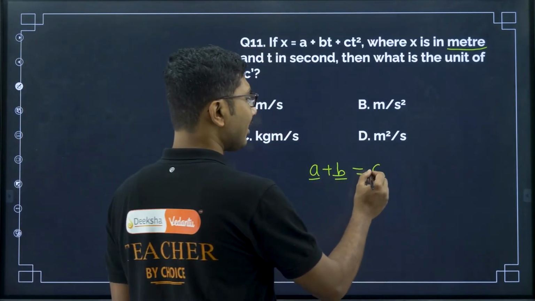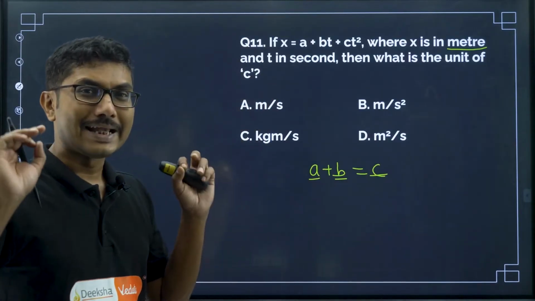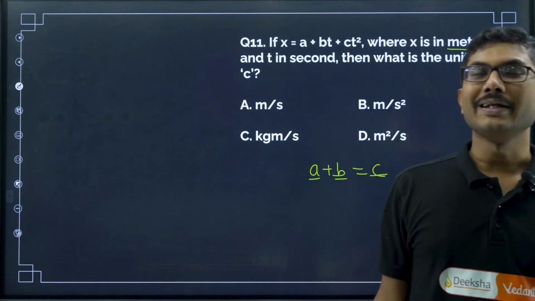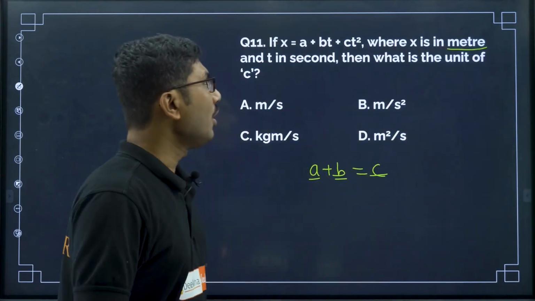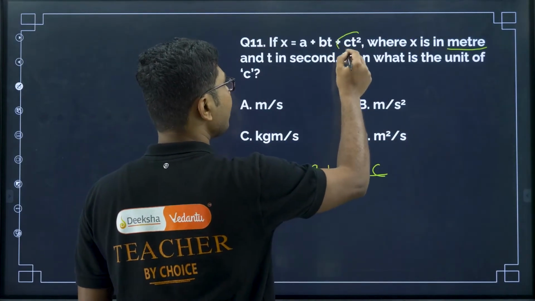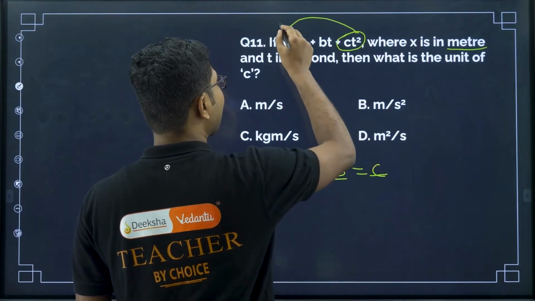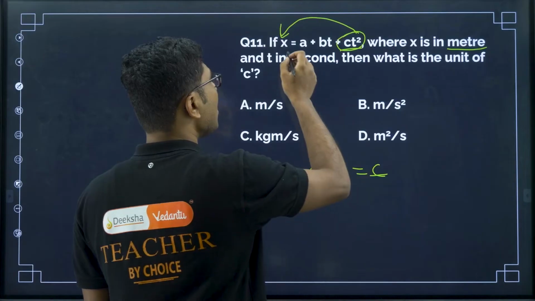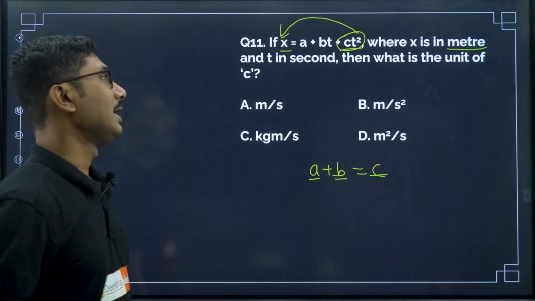So these three quantities should have the same dimension, because you cannot add two quantities having different dimensions. So the dimension of ct square should be the same as the dimension of x.